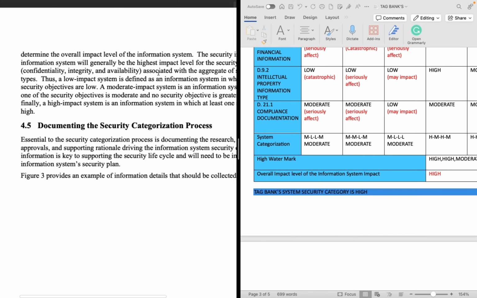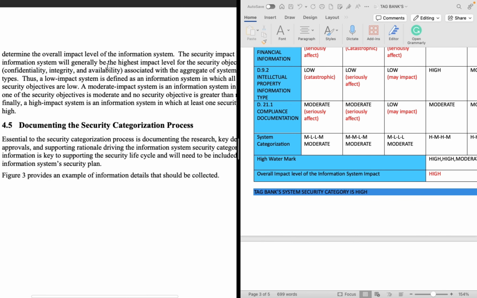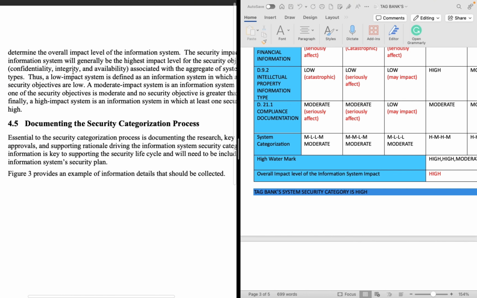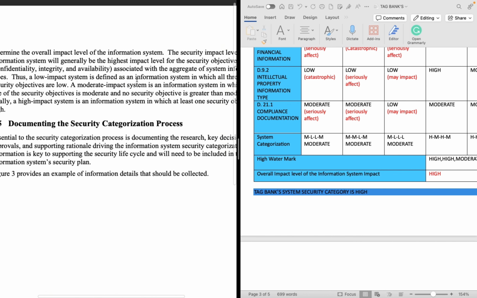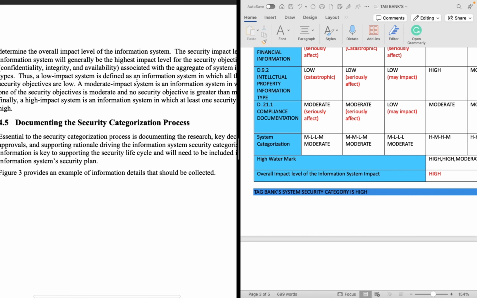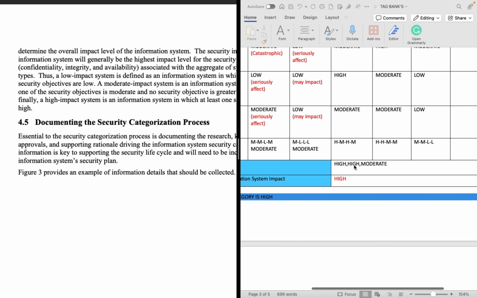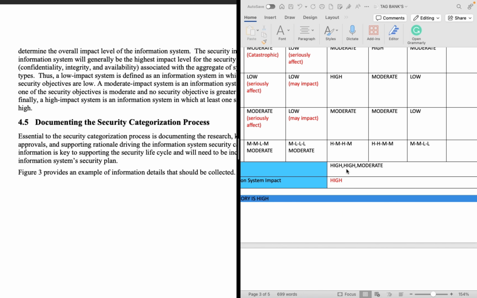The security impact level for an information system will generally be the highest impact level for the security objectives, confidentiality, integrity, and availability. So a low impact system is defined as an information system in which all three of the security objectives are low. Now let's look at our watermark. Is this applicable? No, because we don't have low here.